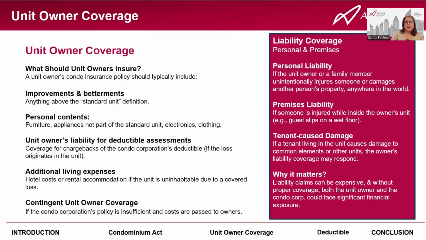Personal contents. Furniture, appliances are not part of the standard unit, electronics, clothing, all of that. Usually your broker will ask you what an adequate coverage amount would be. This sometimes is misunderstood by unit owners. They sometimes feel that the lower limit is sufficient. Unfortunately, when you take into account all your personal belongings from your kitchenwares to carpets and pictures and electronics and furnitures, sometimes the lowest amount is not adequate.